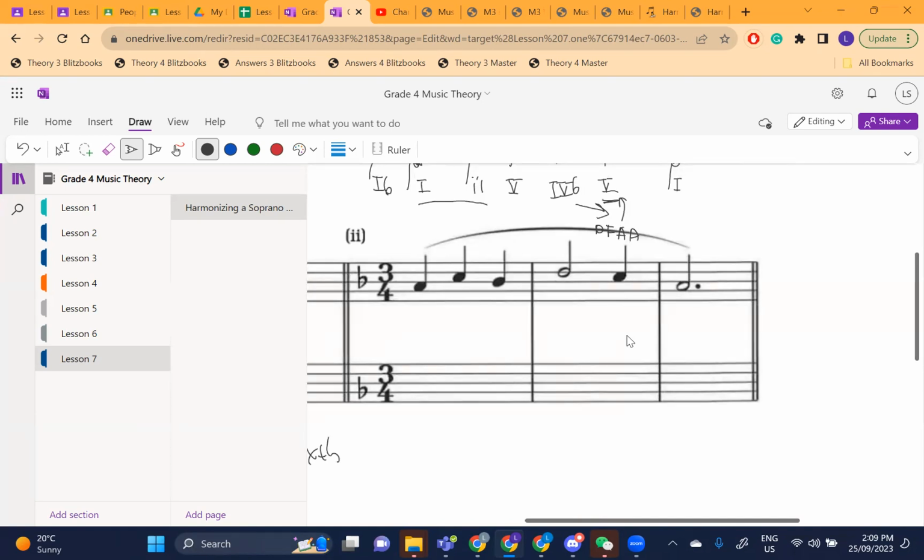With this one, soprano line. That's clearly okay. We are probably in F major. Yeah, F major.